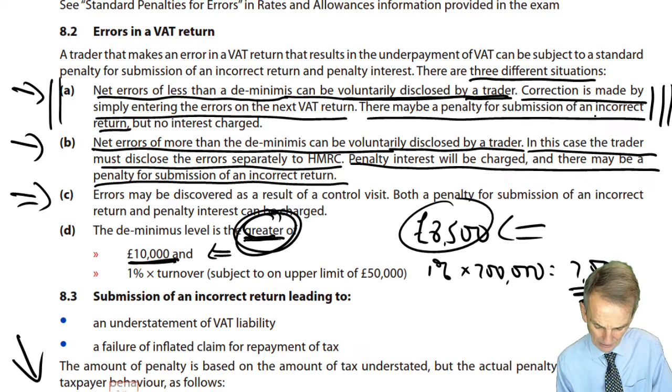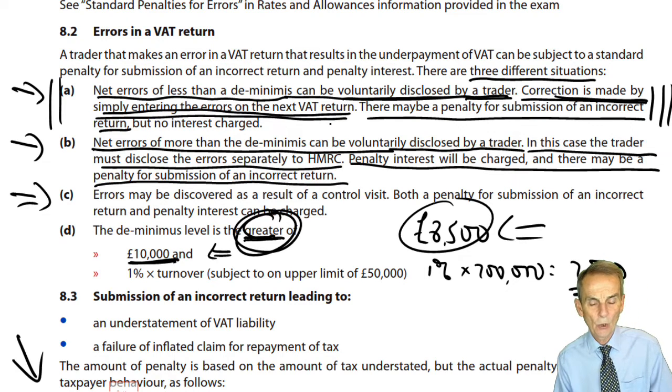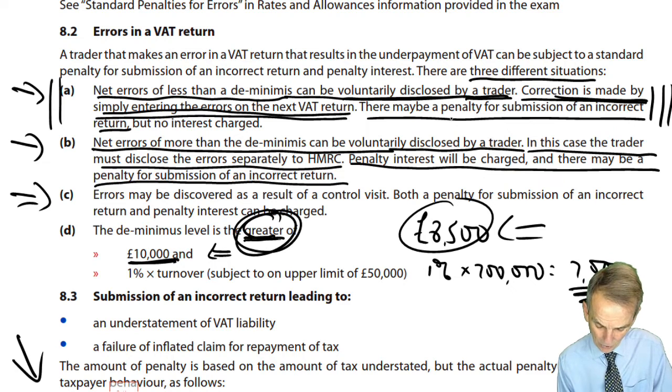And how do we do that? Correction is made by simply entering the errors on the next VAT return. We don't have to make a separate submission to HMRC. We simply do it on our next VAT return. Although, as we'll see, there may be a penalty for submission of that incorrect return, but no interest will be charged.